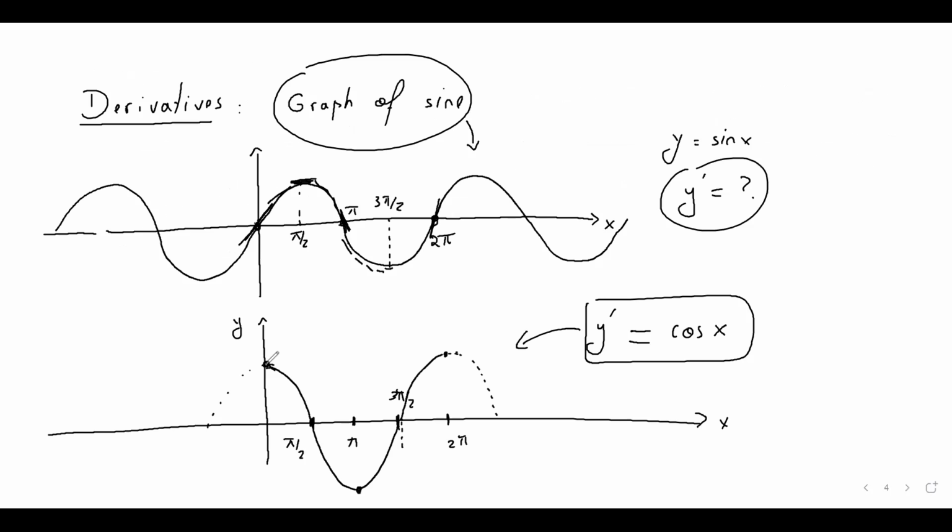So let's go back to the previous page. Now this is the graph of cosine over here. If you do derivatives for the graph of cosine, here's what you will do. You do slopes of tangent lines, and it's 0 here, so it starts at 0. But then as you go down, down, down, you go to -1.